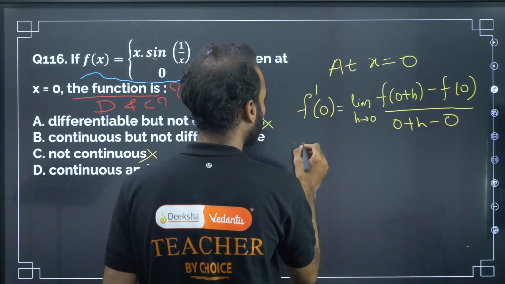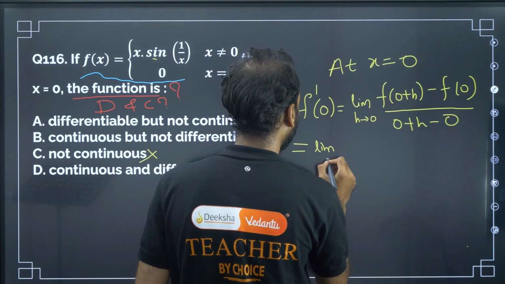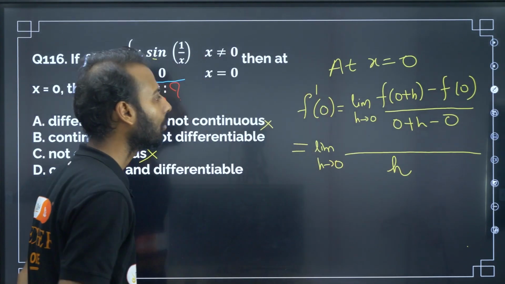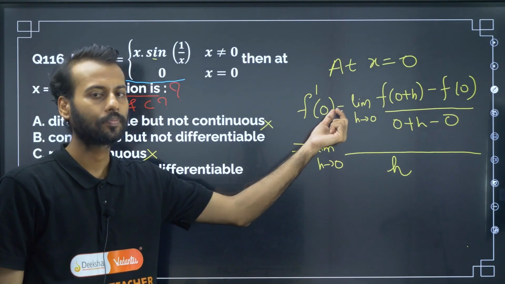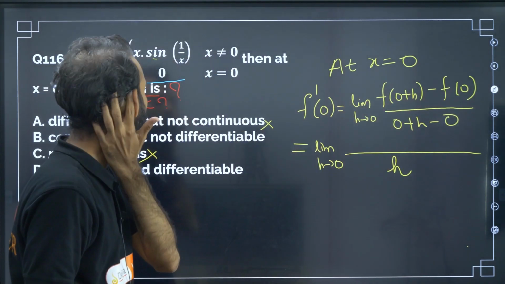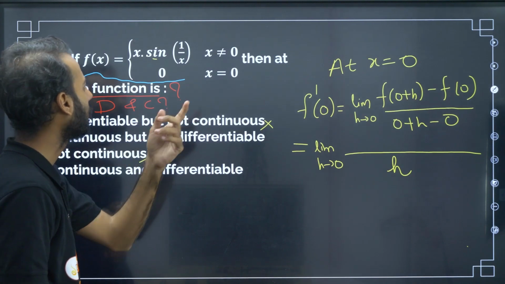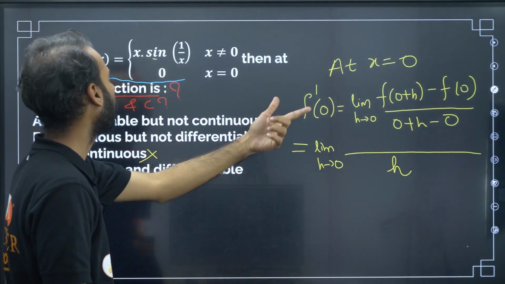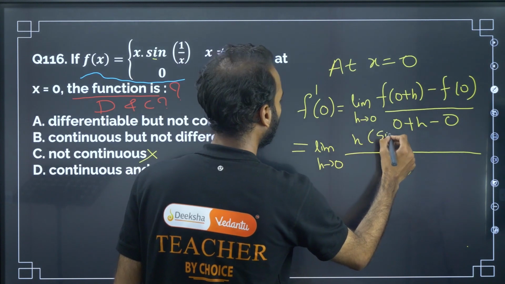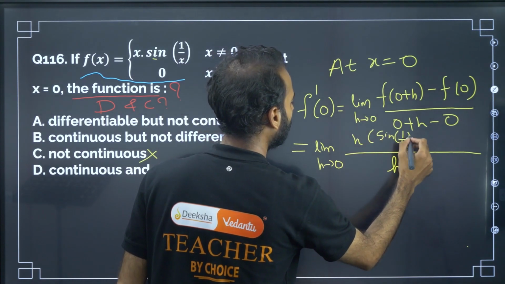The denominator is h. I am using the definition of differentiability. So this is the story. If I place f of 0, that is 0. F of 0 plus h behaves like h times sine of 1 by h.